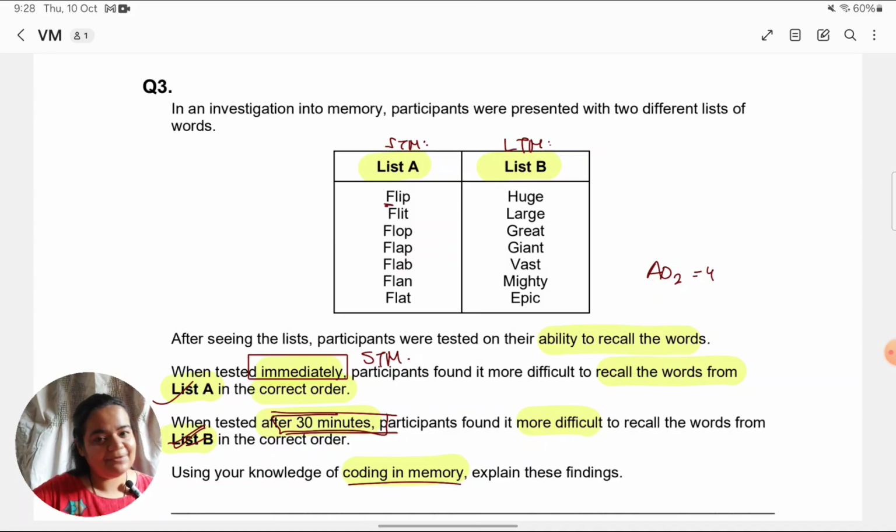Okay, now let's see how to write this answer. It's not compulsory, but try to target 2 sentences for 2 marks for short-term memory coding and 2 sentences for 2 marks for long-term memory coding. Content is more important than counting the sentences or number of points you're making. There's no doubt about that.